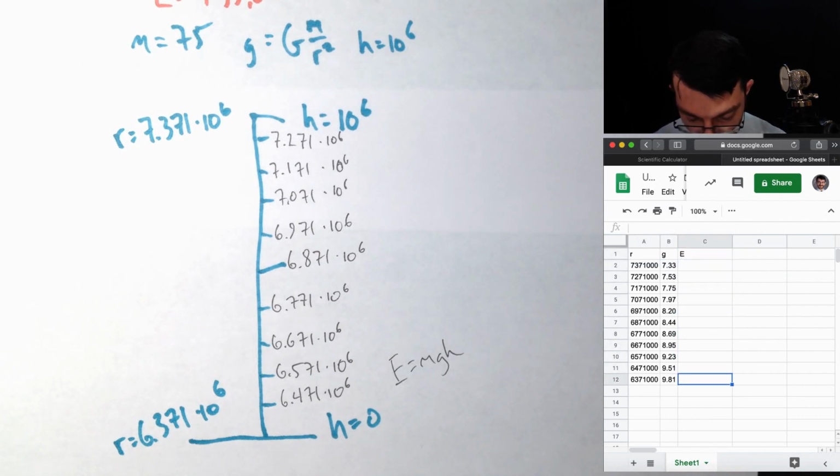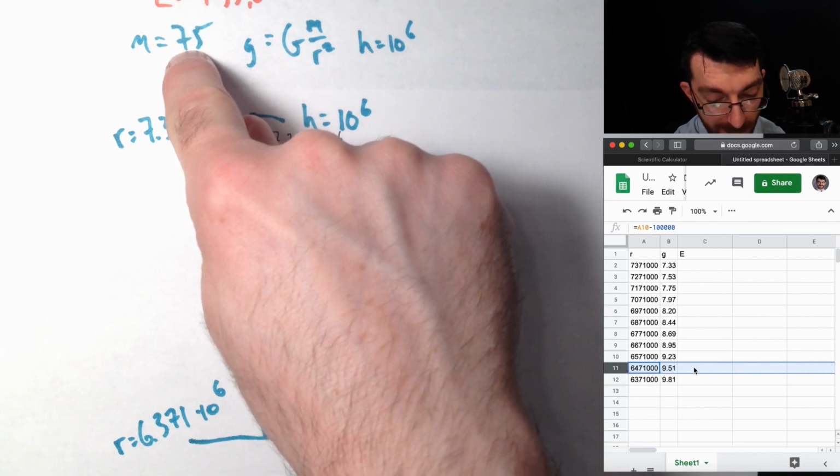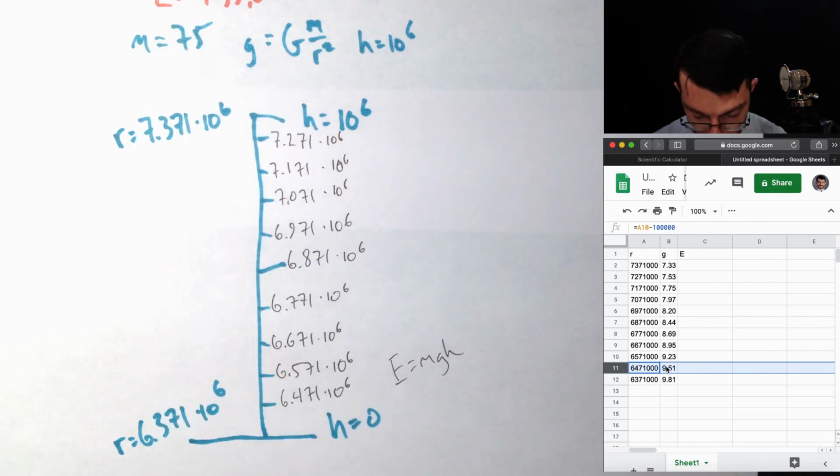All right. So to get up to this height, you know what? Yeah, okay. To get up to this height, you would have to move 75 kilograms up against 9.51. Okay, no. I need to start down at the ground. In order to get up to this height, you need to move 75 kilograms against a gravity of 9.8.